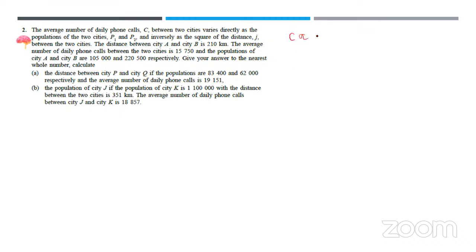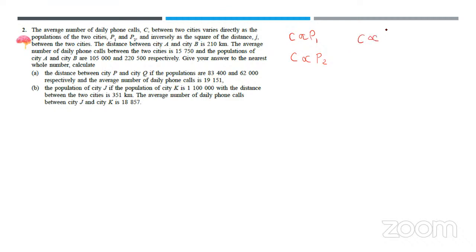It varies directly as P1 and it varies directly as P2. Okay, so we have this first part covered. But now we also know that C is inversely proportional, or varies inversely, as the square of the distance J. So let's write that down real quick.